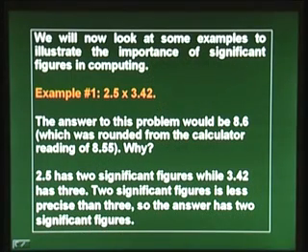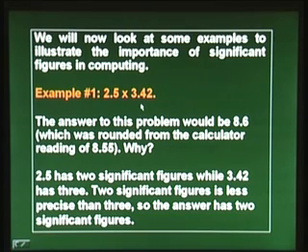Because a round-off error which creeps in at some point might propagate down in your program, in your calculation. That's what we want to look at, and we have to be careful about. So now let's look at this case where we have 2.5 multiplied by 3.42.